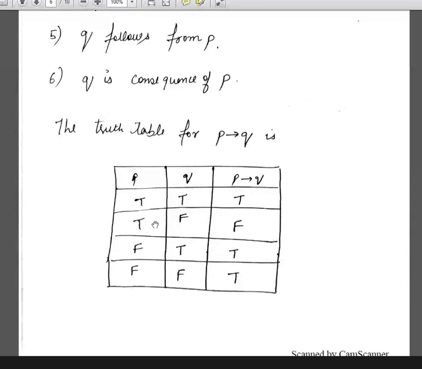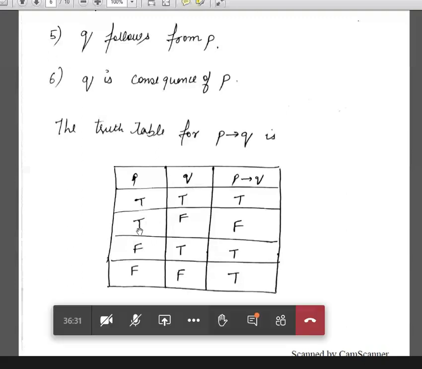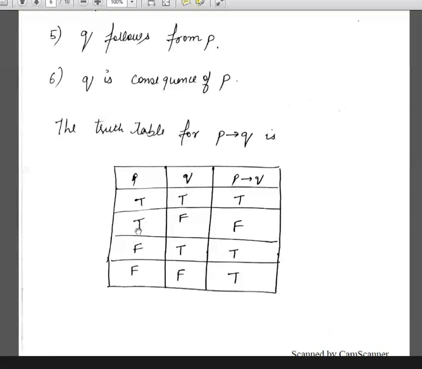Like: if tigers can run, then RDX is not dangerous. If tigers can run, P is true, but it does not imply Q, and Q is false. So the final answer is false. Only when T implies F, the conditional is false.